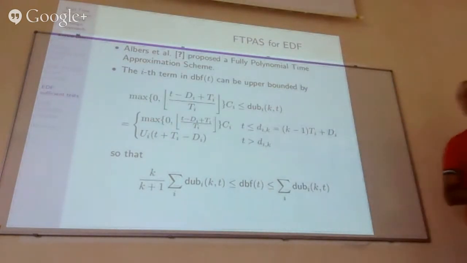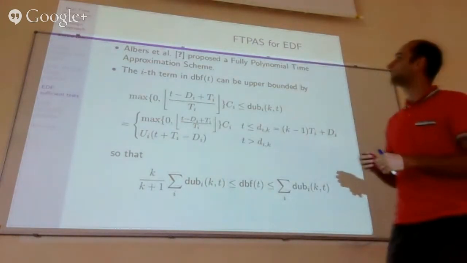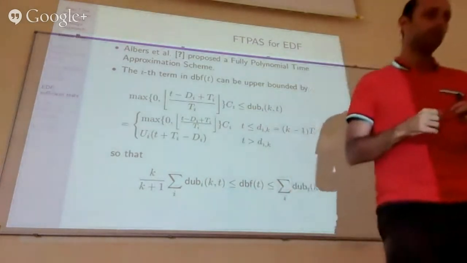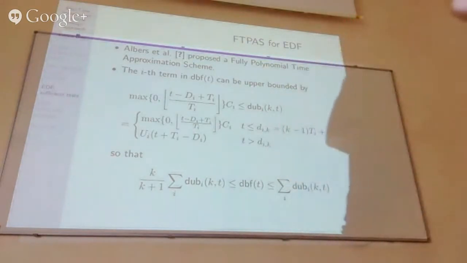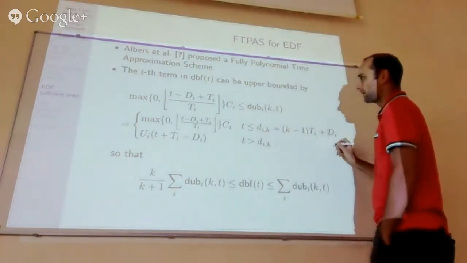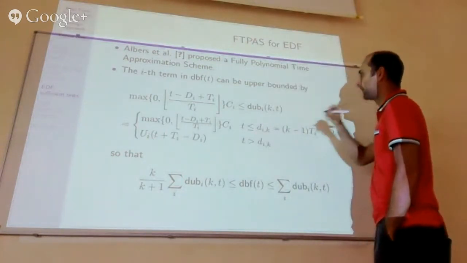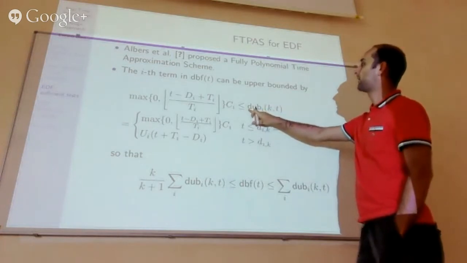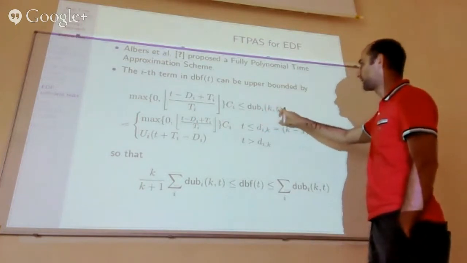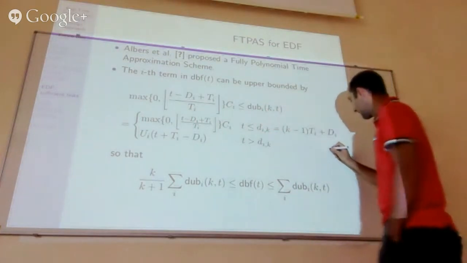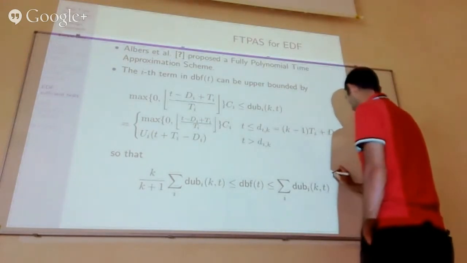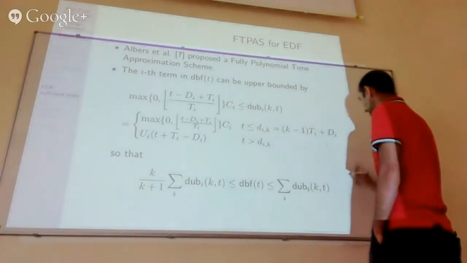Right. So another stream of tests are those called fully polynomial time approximation schemes for EDF. Basically, these tests start from a quite simple observation. They define the demand bound function upper bound of task i, as a function of t and also k, where k is an index of the step at which we stop making steps, if you want.